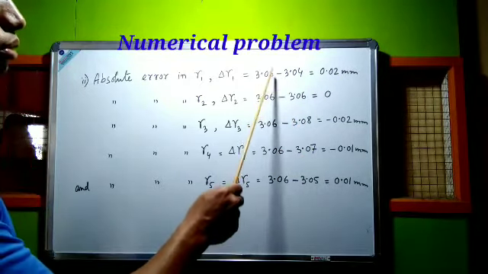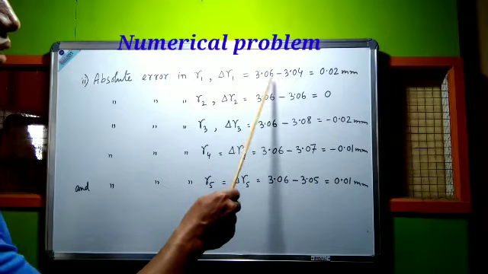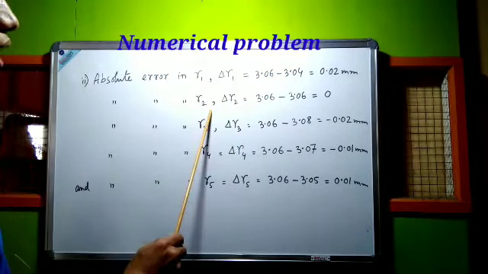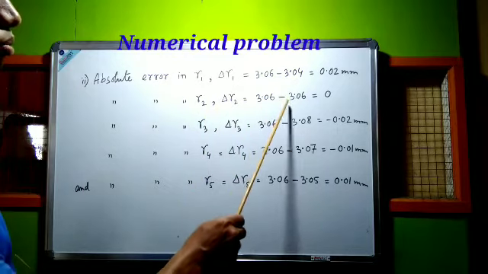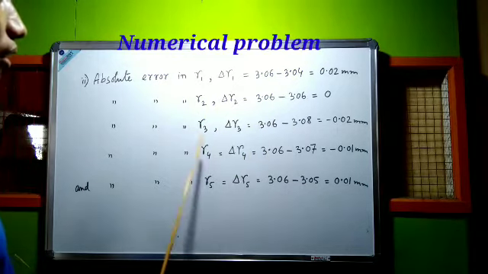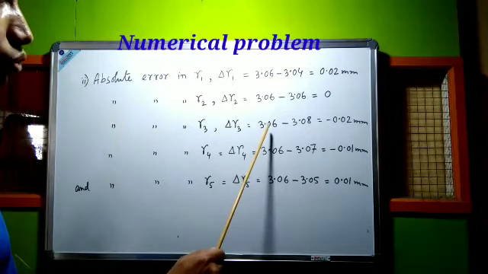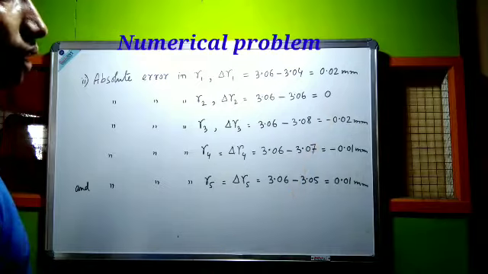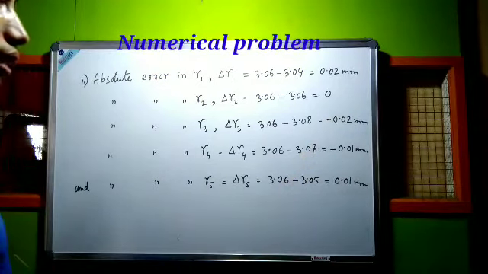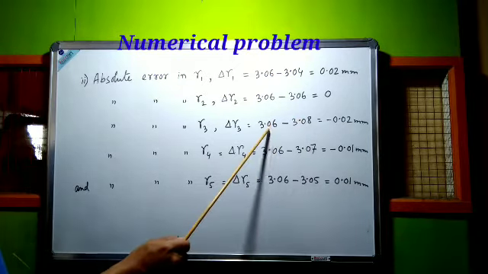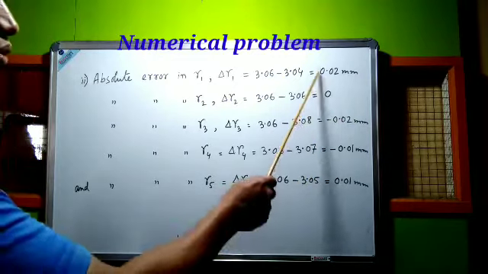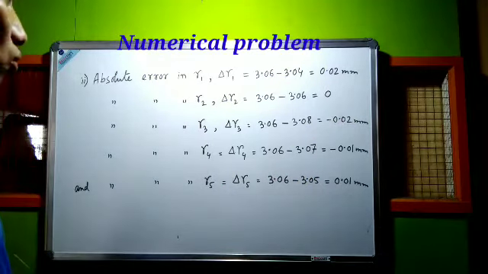Similarly, the absolute error in R2 is delta R2 equal to the true value minus R2, and in the case of R3 the true value minus R3 is minus 0.02 millimeter. The negative sign indicates that the true value is less than the measured value; a positive error means the true value is greater than the measured value.